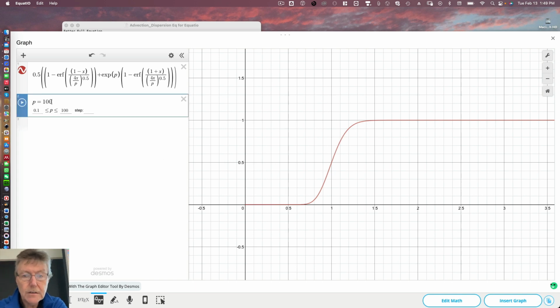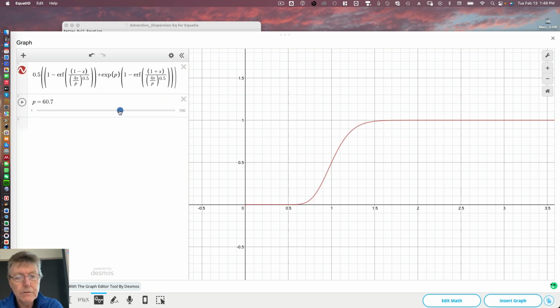I don't know if I can change this. I think it doesn't like 1,000 as a Peclet number. Is it just the range on this? If this is 1, will it do 1,000? No, it doesn't. For some reason, it doesn't do 1,000. If we change the magnitude of the Peclet number, it will allow us to run it. If we reduce it, what you see is that it progressively cants over.